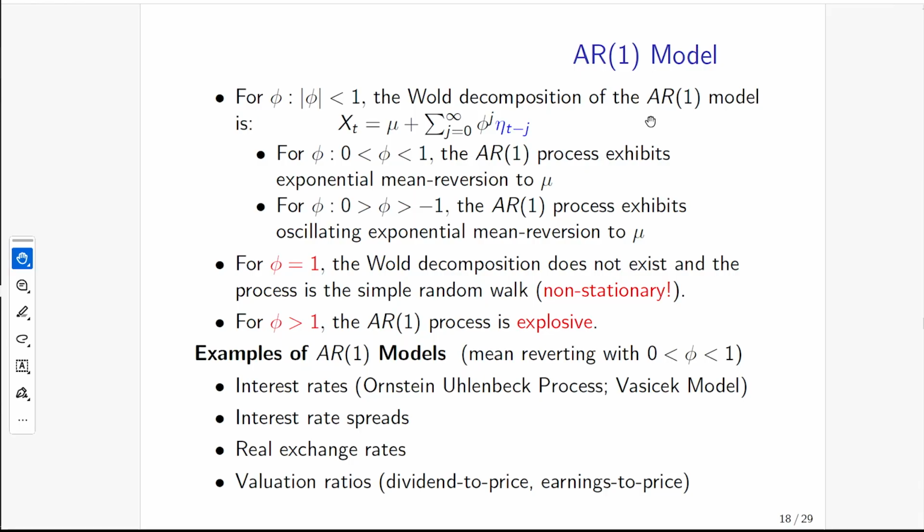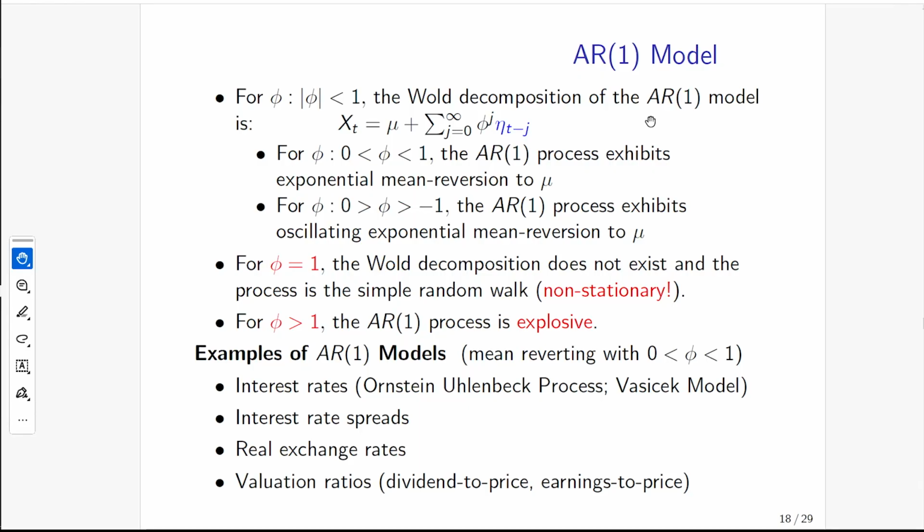So in financial markets, these first-order autoregressive models actually are used quite frequently with interest rates, where there's maybe a constant long-term interest rate level and there's variation about that. This Ornstein-Uhlenbeck process corresponds to the first-order autoregressive process.